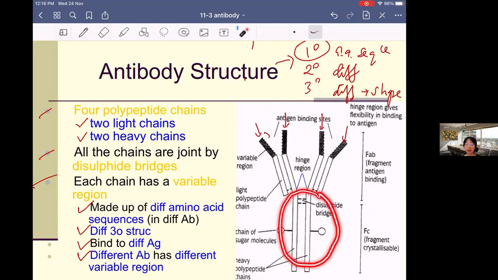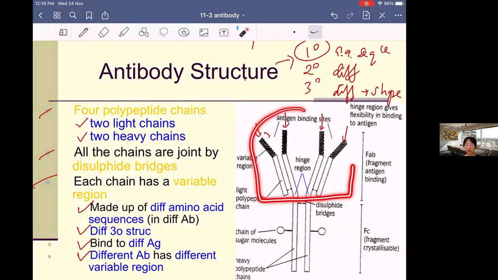So we can further divide the antibody into two sections. This region here is called the FC region, and this whole section here is called the FAB region. So two more regions. FC region is called fragment crystallizable.